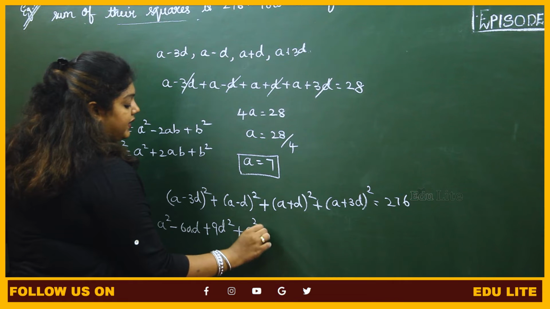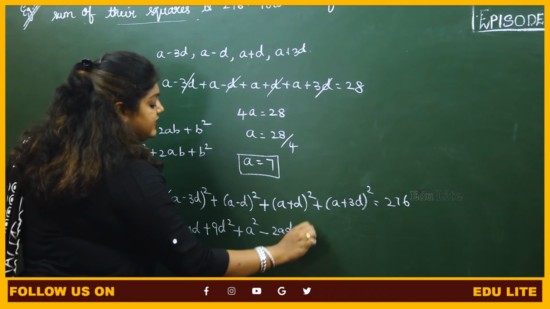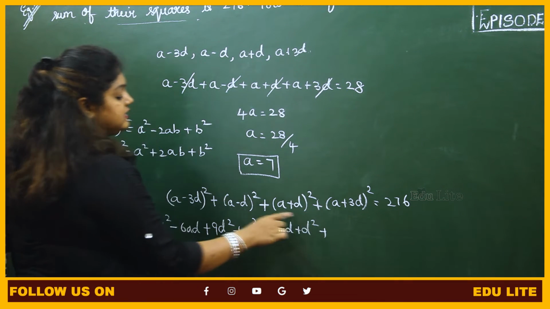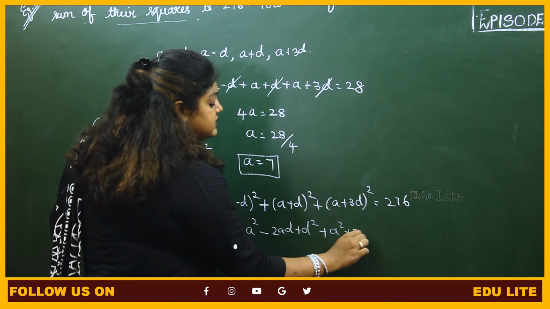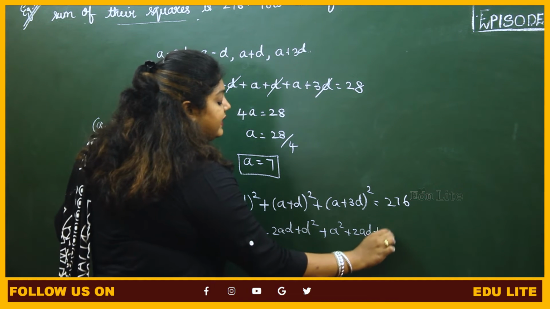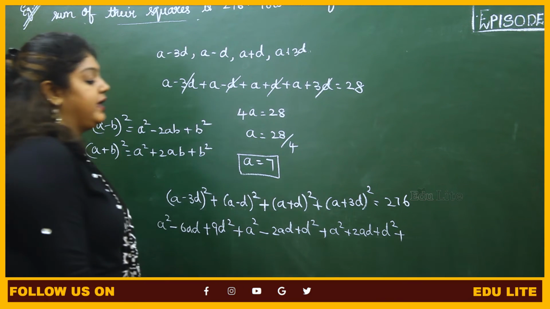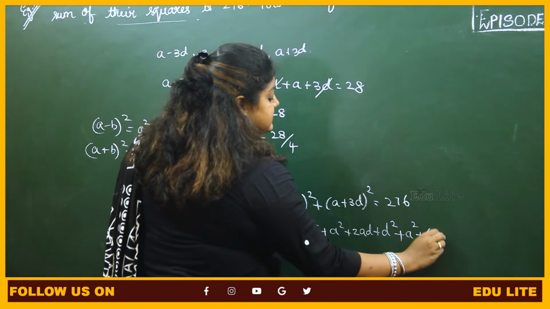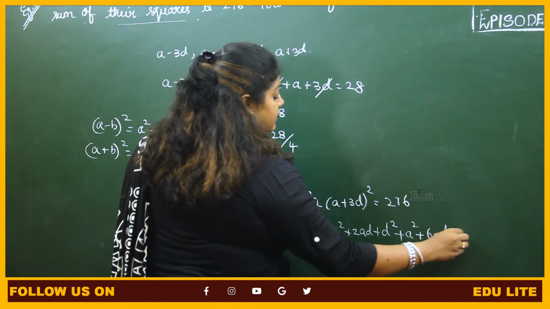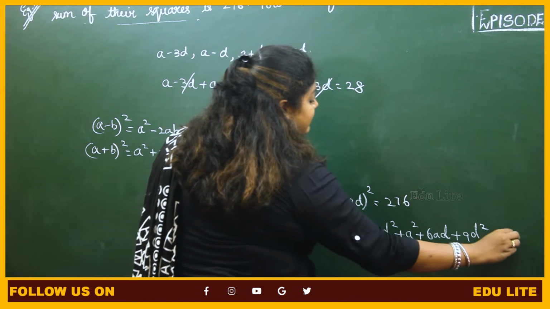Therefore a squared minus 2 into a into d plus d squared. Similarly, for the third term we use the a plus b whole square formula, so a squared plus 2ad plus d squared. For the fourth term we also use a plus b whole square, so I'll get a squared plus 6ad plus 9d squared, which equals 276.